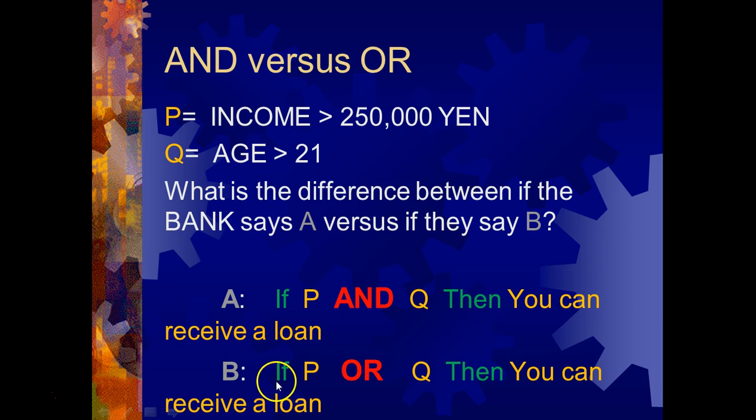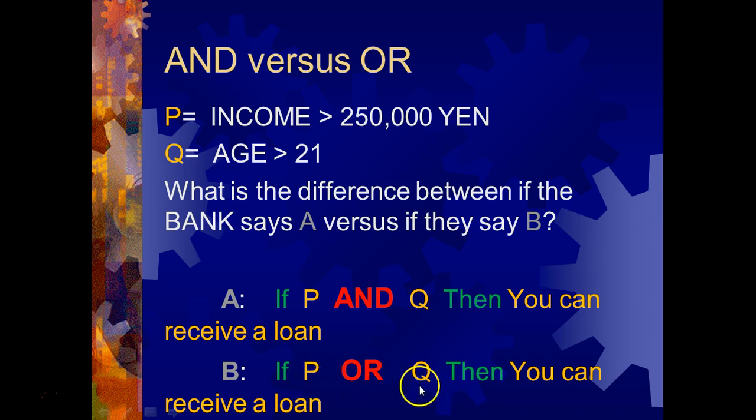But if the bank says B, or if a different bank says B, then if they say "if P or Q, then you can receive a loan," suppose someone comes in with income greater than 250,000 yen, but their age is not greater than 21, it's 18. Is this true? Remember, when does this code get run? When does "you can receive a loan" get run?